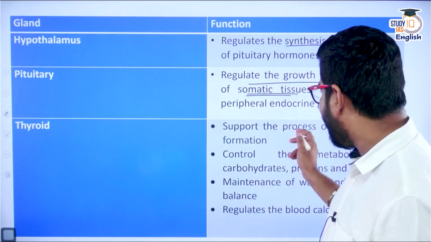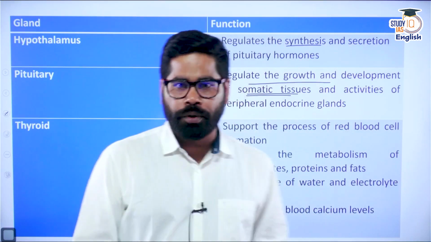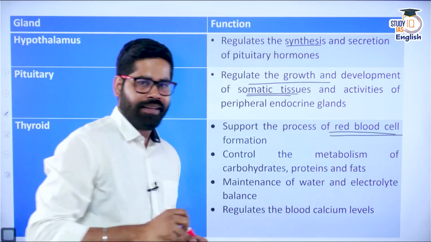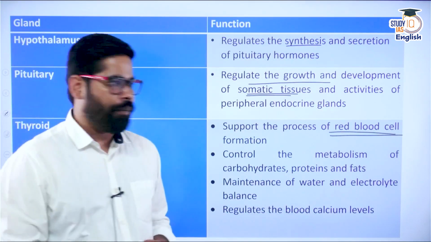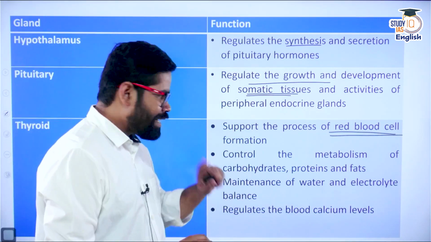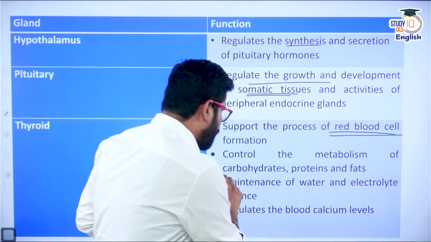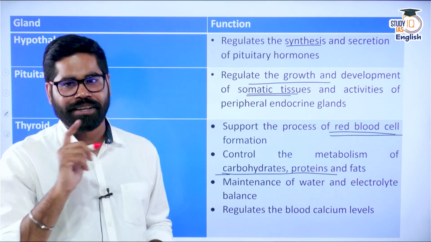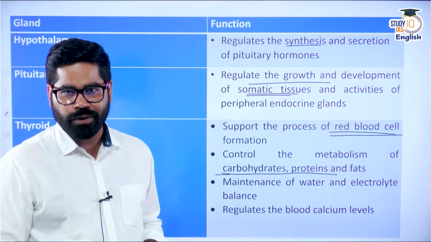This thyroid gland is basically supporting the process of formation of red blood cells. The red blood cells are being formed due to, again, this thyroid gland. Then it is also controlling the metabolism of carbohydrates, proteins and fats inside the body. That is also its role.